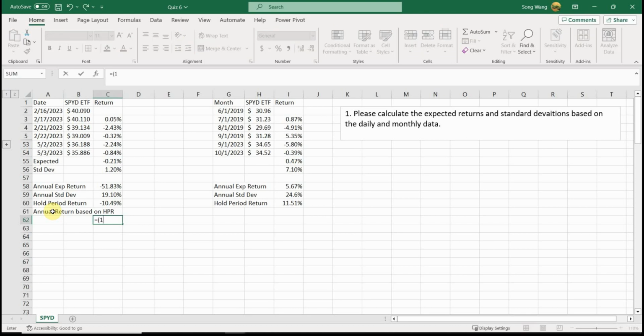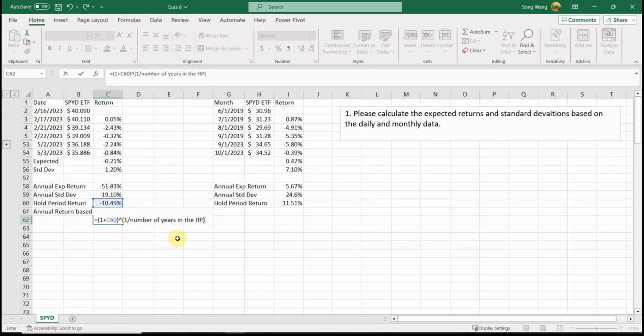I'm going to use 1 plus the holding period return, raised to the power of 1 over n, where n is the number of years in the holding period. I can't just type it in because I need to figure it out myself.